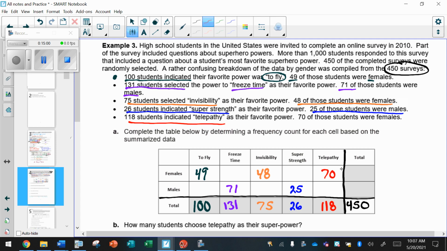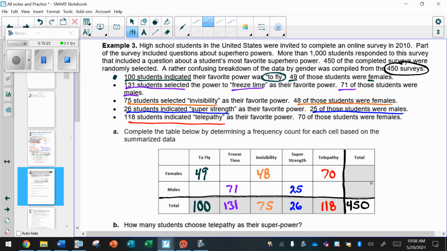So we are supposed to fill in all the rest of the blanks ourselves. Remember that the columns have to add up to our totals along the marginal frequency. Once we get those filled in, we can add across to fill in our rows and get our marginal frequency for the females and for those who identify as male.